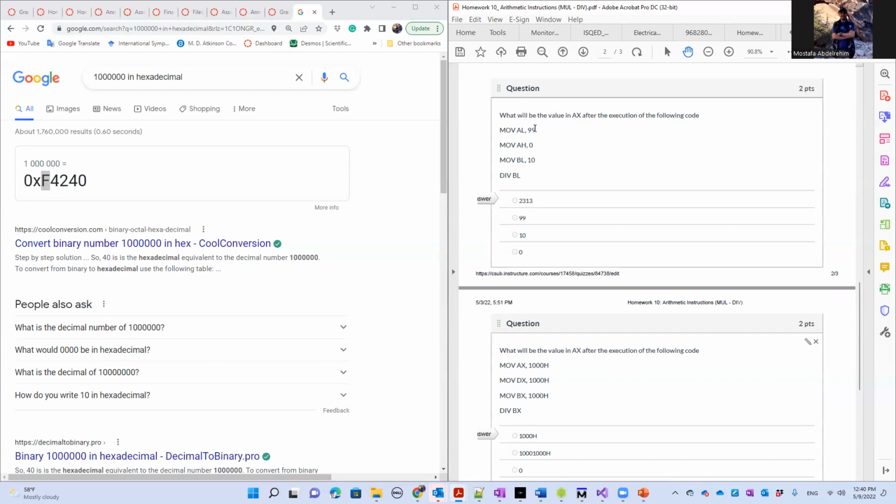So 99 divided by 10. That operation will result in 9 as a quotient and a remainder of 9.